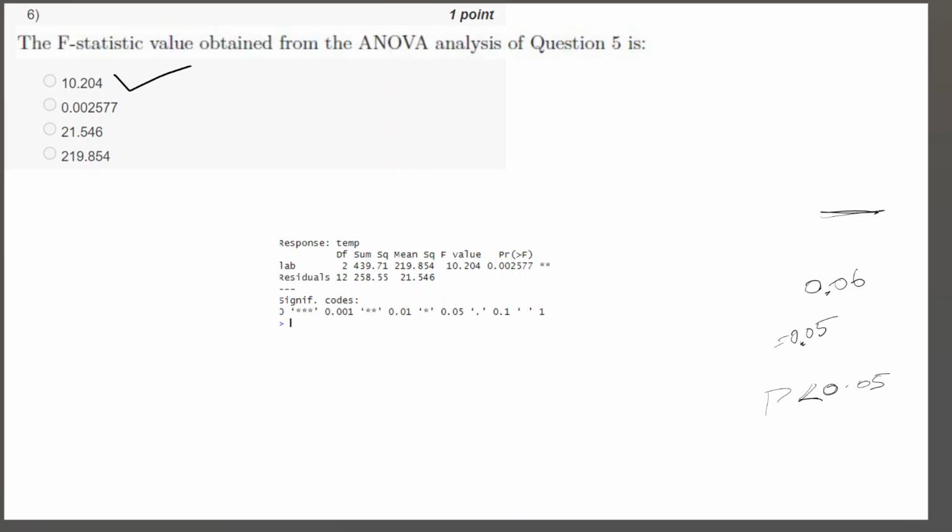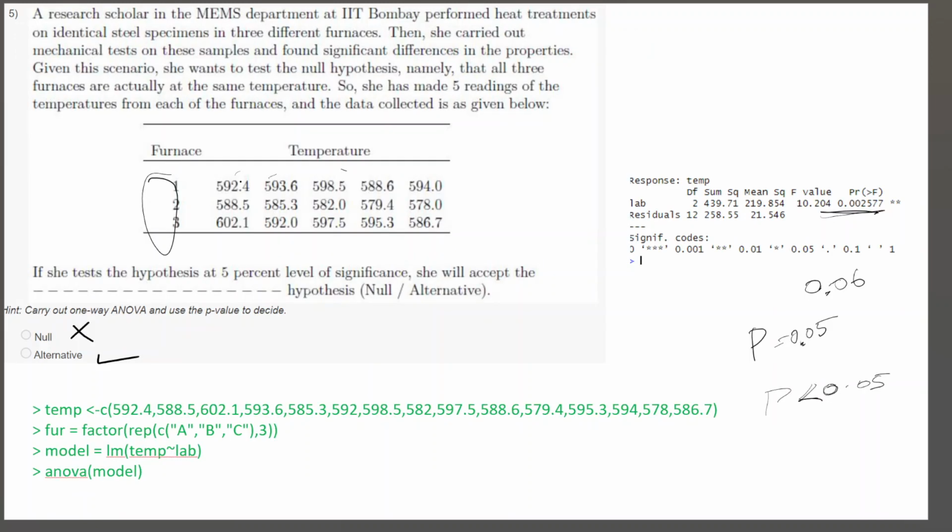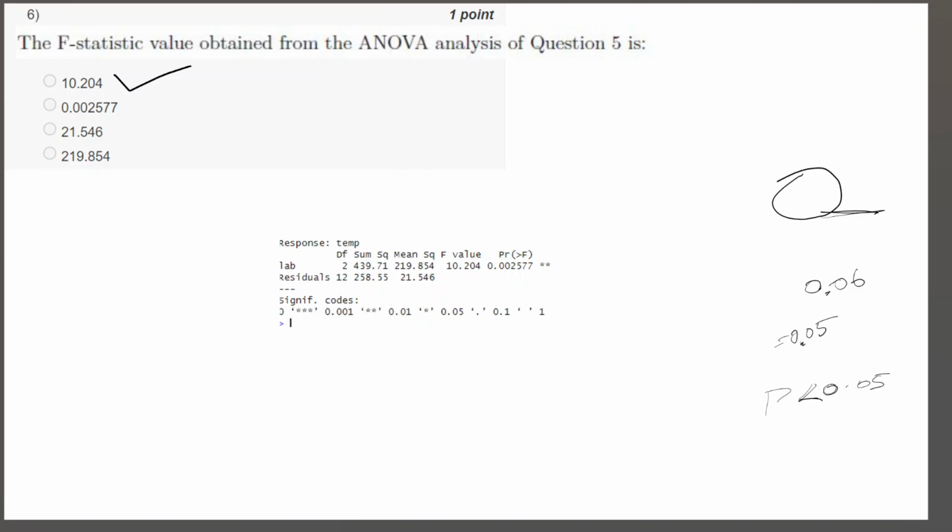Okay. The F statistic value obtained from the ANOVA analysis in the question is 10.204. So here we have the same answer in the options. Let's click this and move on to the next question.